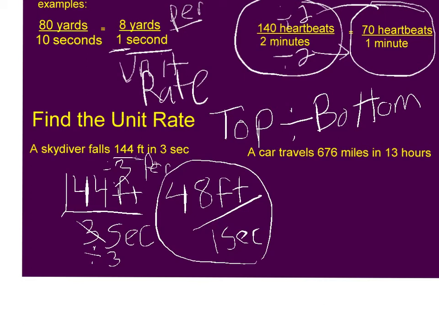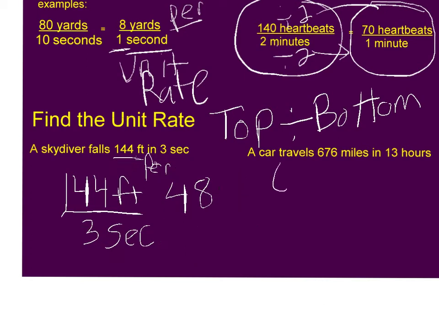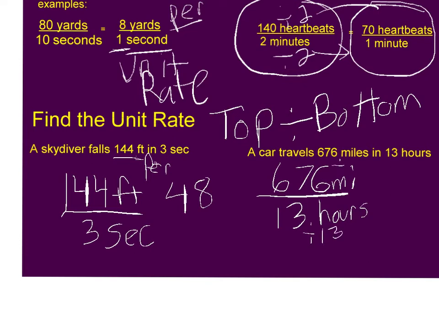Well, now we have a car traveling 676 miles in 13 hours. So to find a unit rate, I'm going to divide the top and bottom by 13, or really all you're doing is dividing the top by 13. But in a way you're dividing the bottom by 13 because you need to get 1 hour on the bottom.